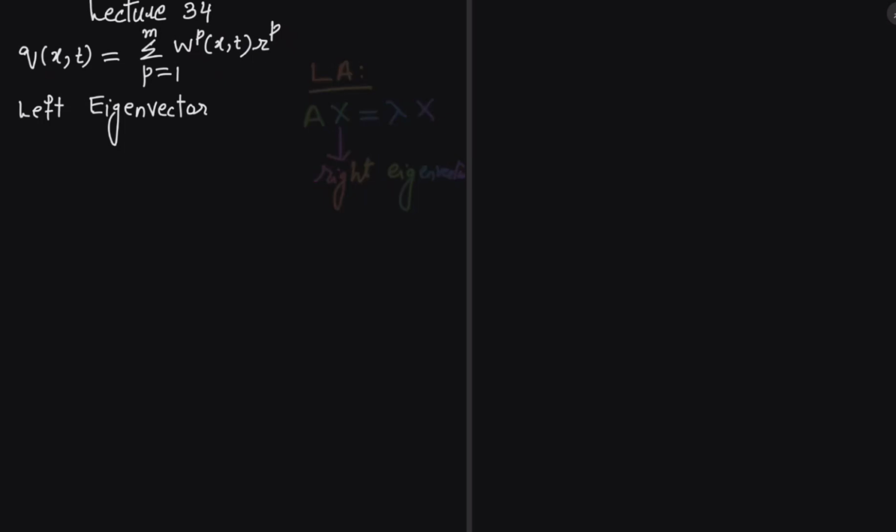Similarly, if we have xA = λx, in this case x is a vector that is on the left side of the matrix A. In this way, it is called a left eigenvector.